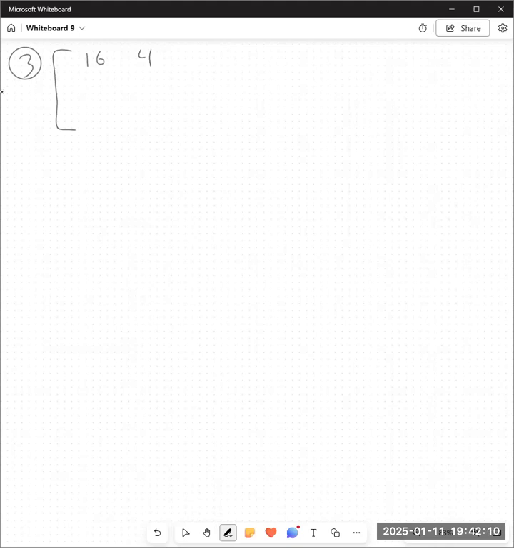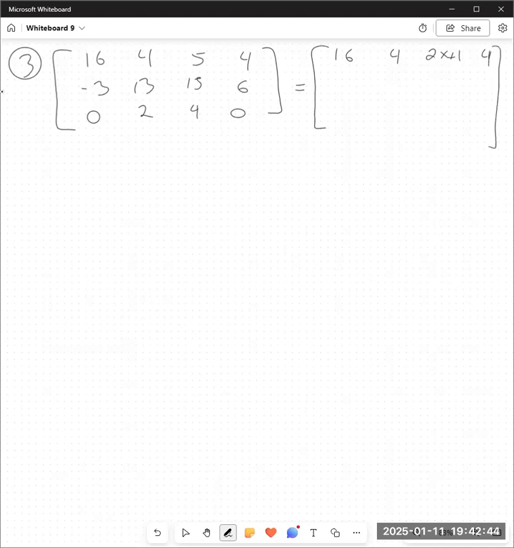[16, 4, 5; 4, -3, 13; 15, 6, 0; 2, 4, 0] is equal to [16, 4, 2x plus 1; 4, -3, 13; 15, 3x, 0; 2, 3y minus 5, 0].